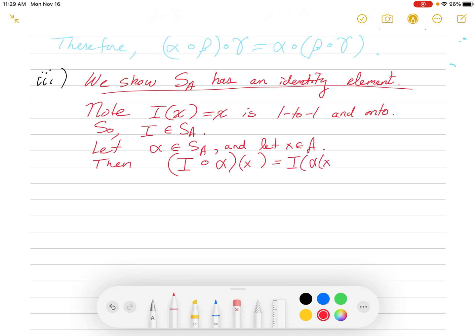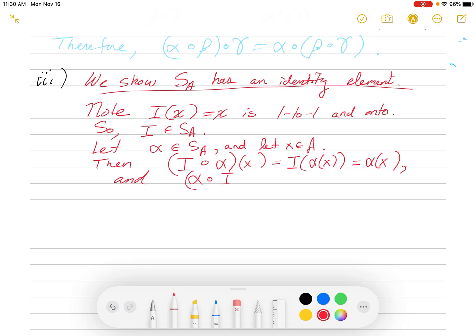That's going to be the identity of alpha of x. But what does the identity do to alpha of x? It sends every element to itself. So identity sends alpha of x to alpha of x.